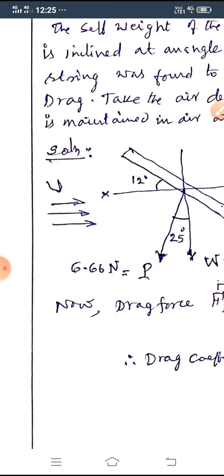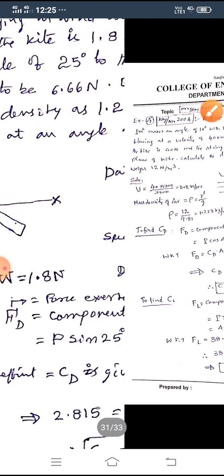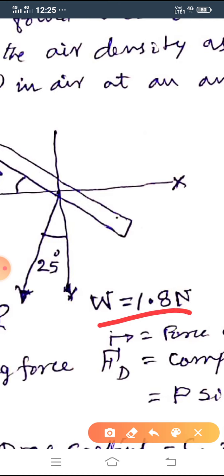Let this string having a tension of 6.66 Newton, that is P, is acting from the kite at an angle of 25 degrees with respect to vertical, as it is given in the problem. Now the weight of the kite W is 1.8 Newton given.